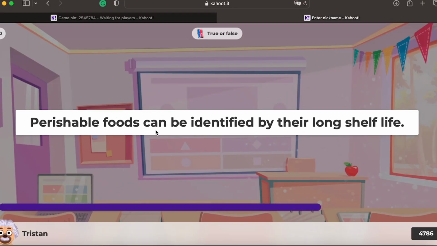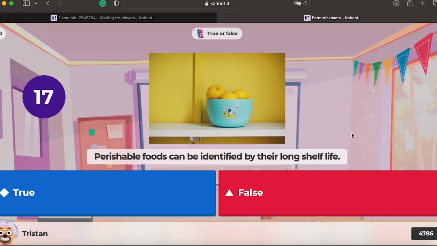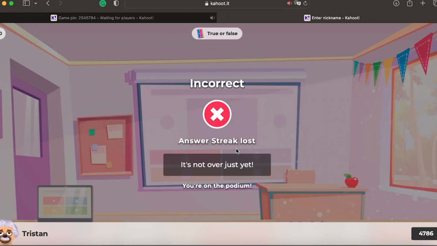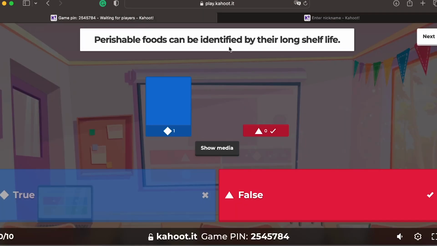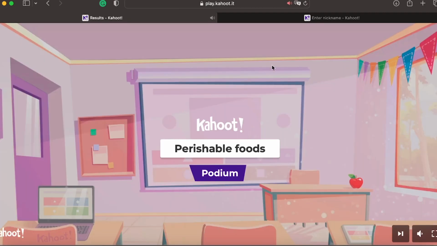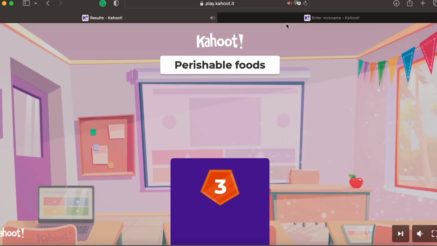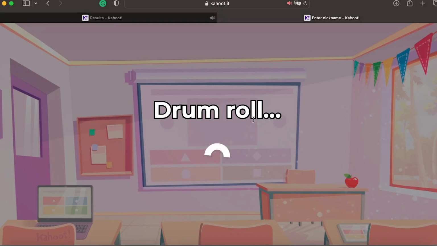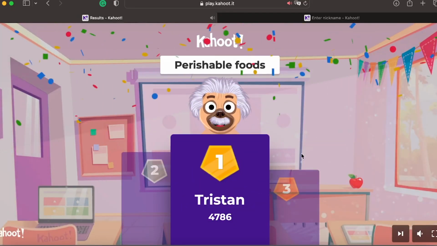Perishable foods can be identified by their long shelf life. Yeah. No? Okay. Wow. Okay.